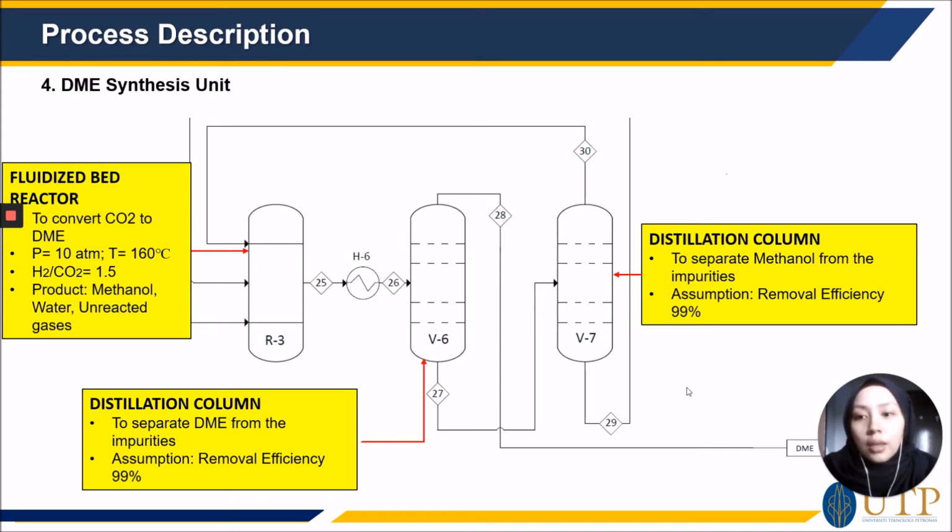The other impurities will go to the next separator, which is the distillation column. This is to separate methanol from the impurities, where the methanol will be recycled back to our reactor to be used in order to increase our product. And the assumption here is the removal efficiency is also around 99%.